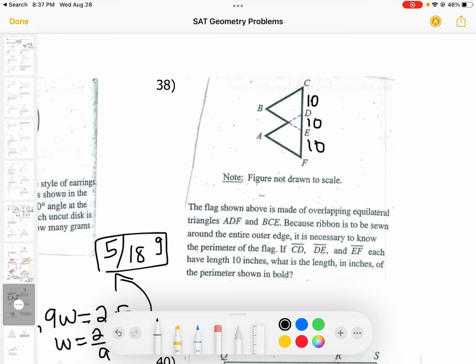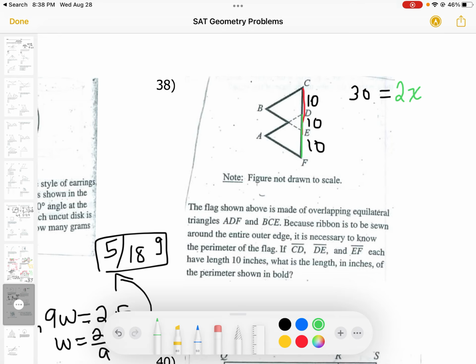Now CF is 30, the entire segment. This entire segment is 30. And it encompasses two side lengths of an equilateral triangle. So I can say it's equal to 2x.